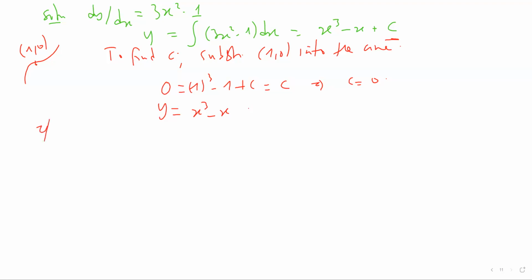Then the second one is the area under a curve. Area under and between curves, right?